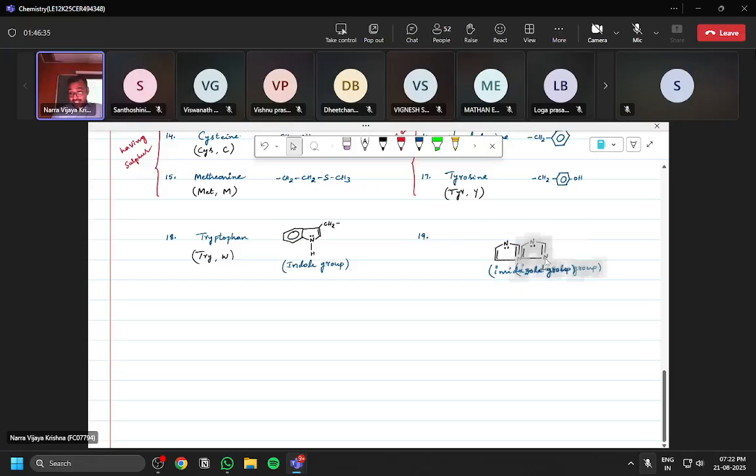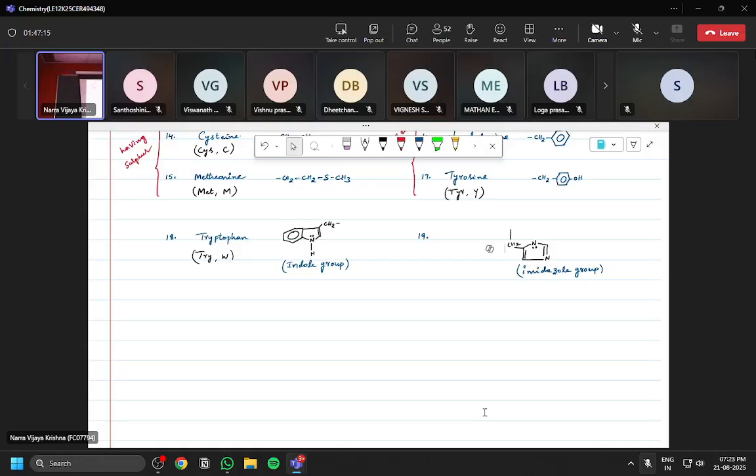I want to know whether that carbon chain is here or here. Can I write that carbon chain here? Imidazole. Whether it is adjacent to lone pair possessing nitrogen or double bonded nitrogen. This is lone pair possessing nitrogen.